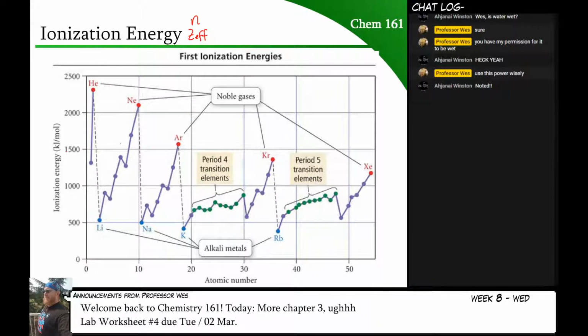As n increases, ionization energy decreases because it's easier to remove electrons when they are farther away. But as Z effective increases within a period, the amount of energy you have to put forth to pull against that nucleus goes way up.